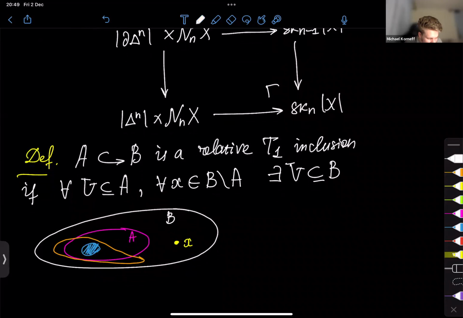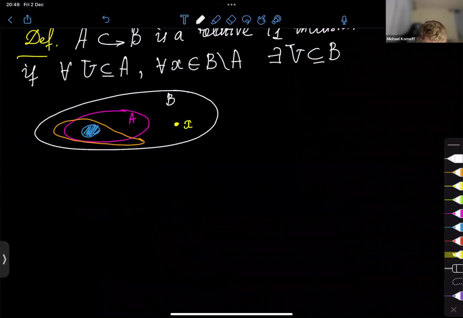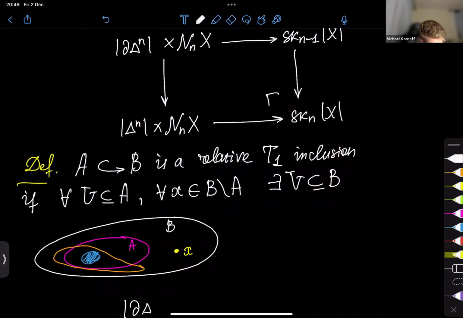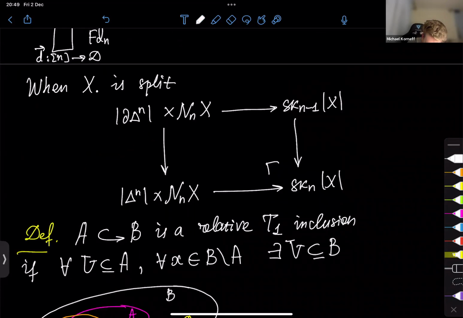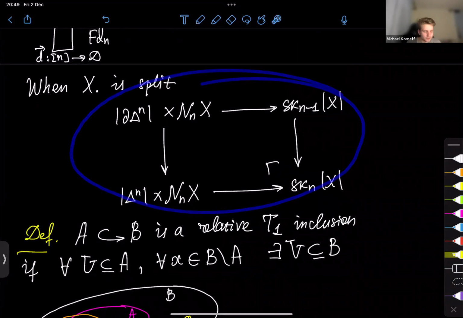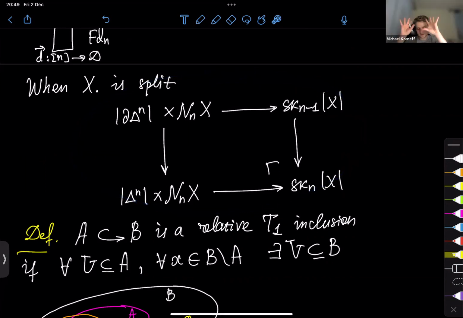Okay, and it can be easily verified that this push-out has the T1 inclusion property.